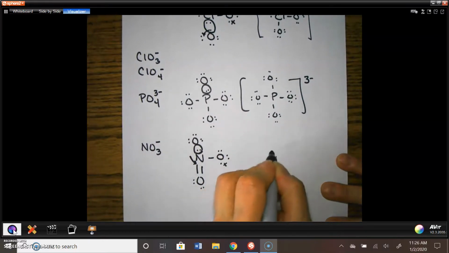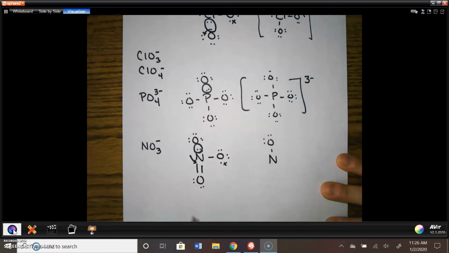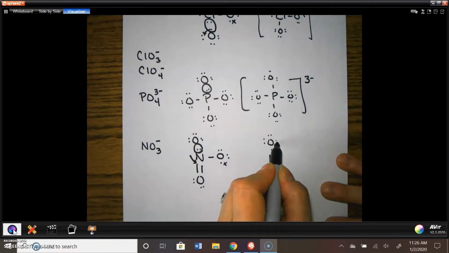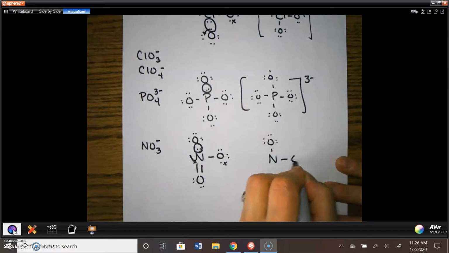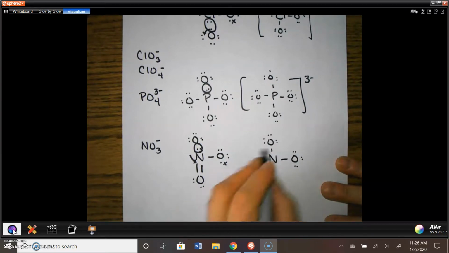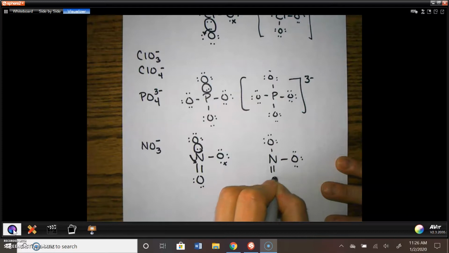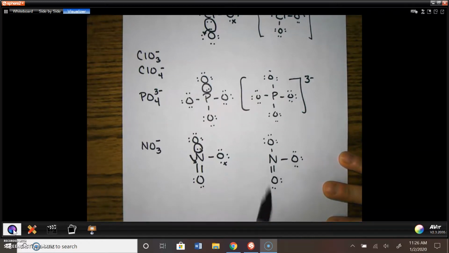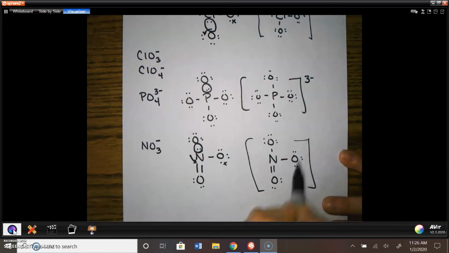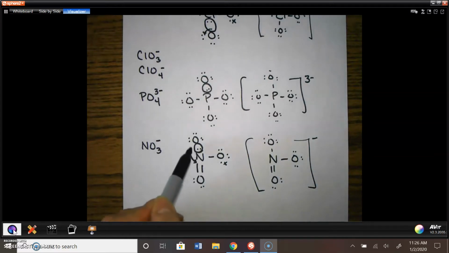So you've got this one, here's the other, and then you have a double bond for that oxygen. So 2, 4, 6, 8 around each atom. Everything is fulfilled in terms of the octet. It's just that we got to it a little bit weird. We had to add an extra electron, and we had to form a coordinate covalent bond.